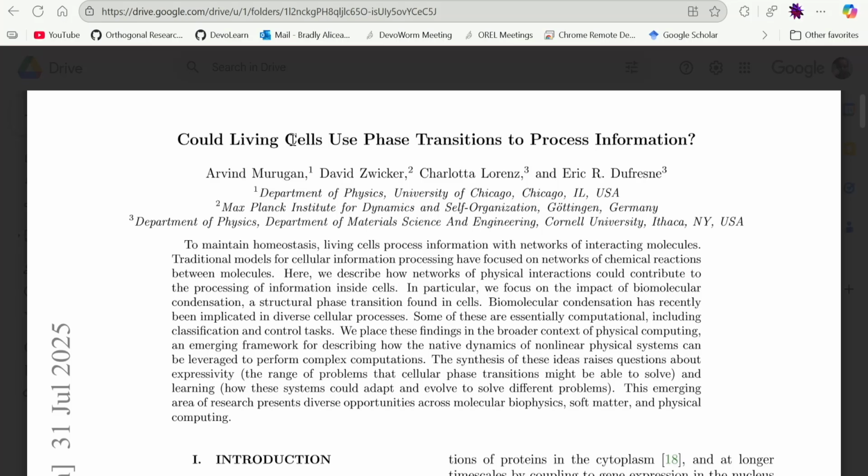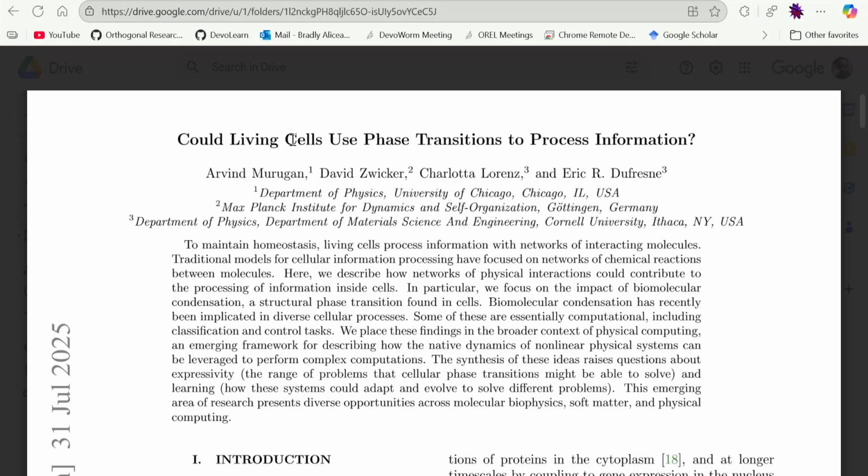So, if you think about a system with low expressivity, a phase transition might only allow you to solve maybe differentiation of a cell. With high expressivity, it might allow you to do that, plus something at the level of the cell population or maybe the tissue level.